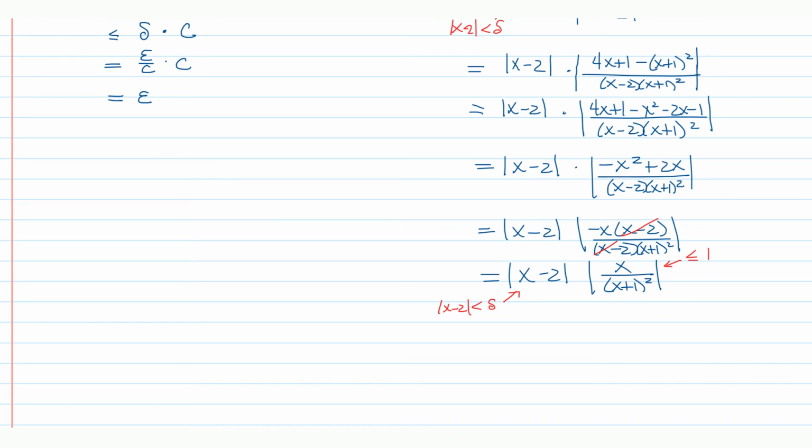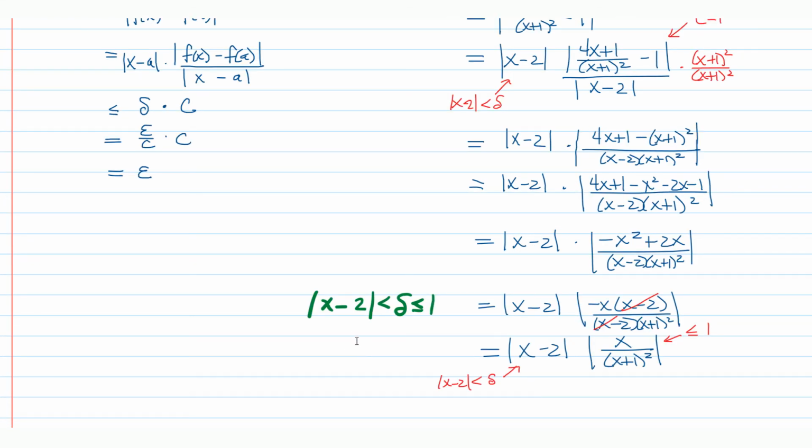Well, we discussed in great detail in the second part of this video series that it's not actually true that that absolute value is always less than or equal to 1, but we are assuming that delta is the minimum of epsilon or 1, meaning delta is always less than or equal to 1. So the absolute value of x minus 2 being less than delta guarantees it's always less than or equal to 1. That's important because it puts a limit on what x values we're interested in.